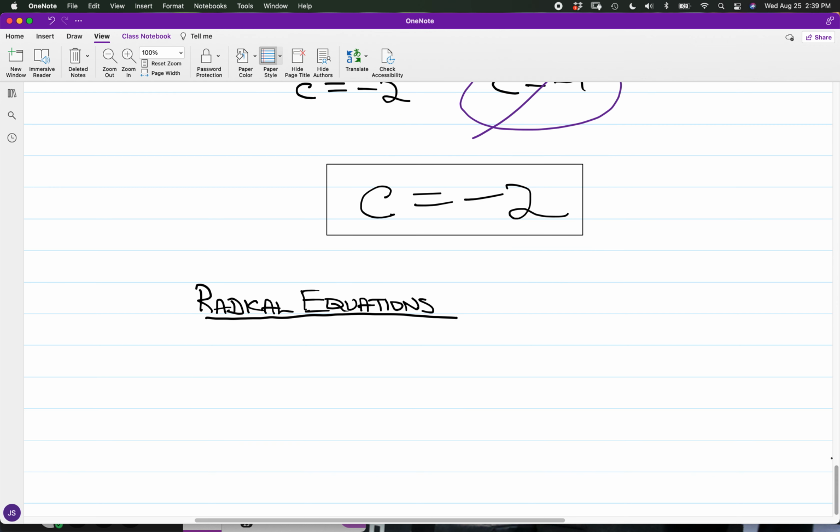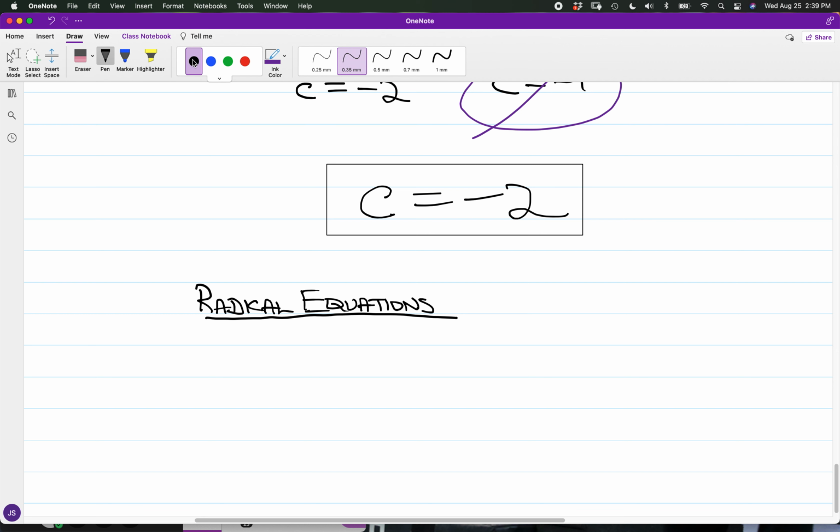And first of all, there is a fundamental rule, and this is going to be regarded as the principal square root rule.